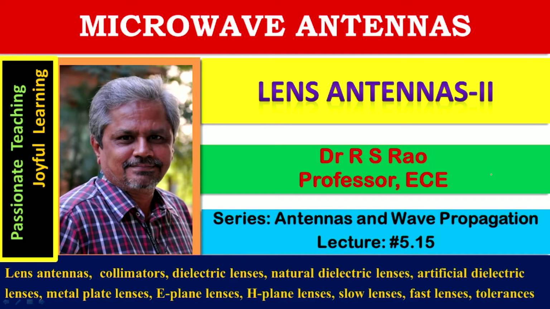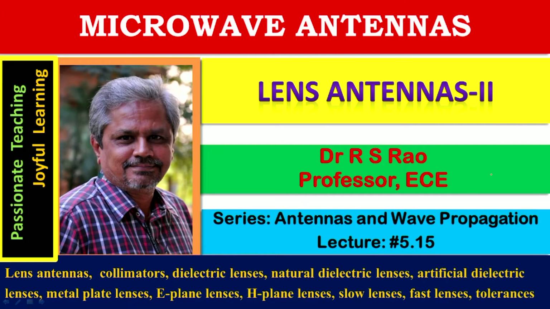This is the second part of the presentation on lens antennas. In this second part, the main focus is on artificial dielectric lens antennas and metal plate lens antennas. Two types of metal plate lenses are there.